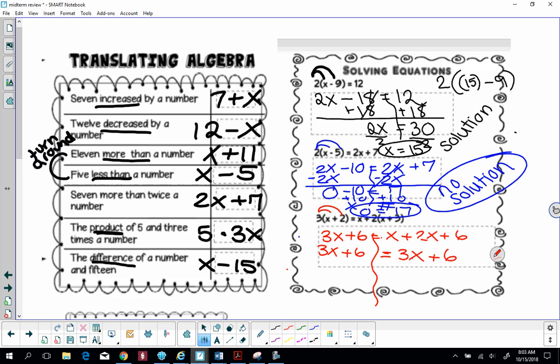Do you guys see how they end up being exactly the same? Yeah. So if you were to subtract and do all that, you would end up getting 0 equals 0. Does 0 equal 0? How many solutions are there? Infinite. That means you could put any number in for x and it would work. So if I put 2 in for x, it would work.